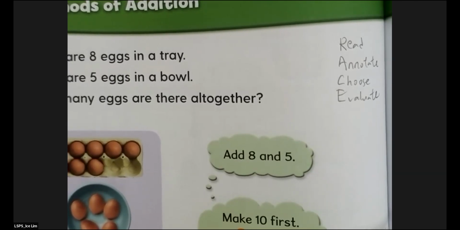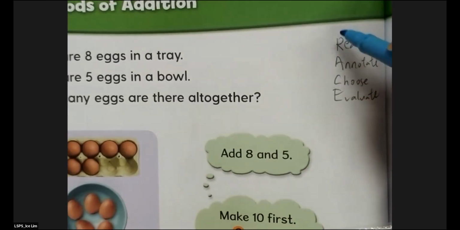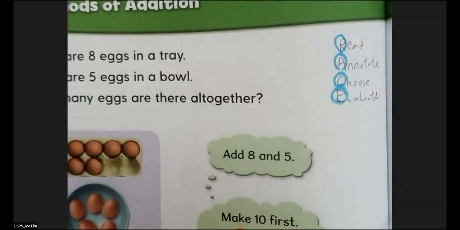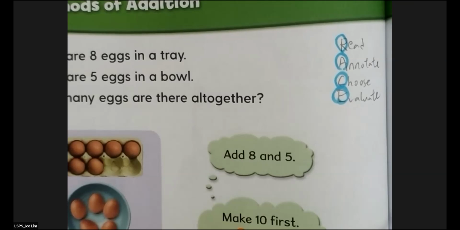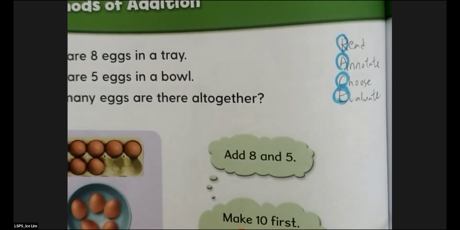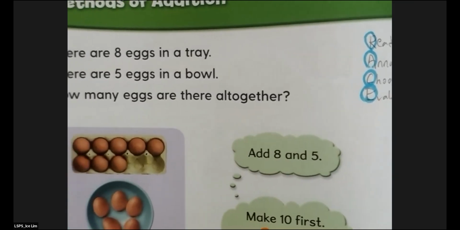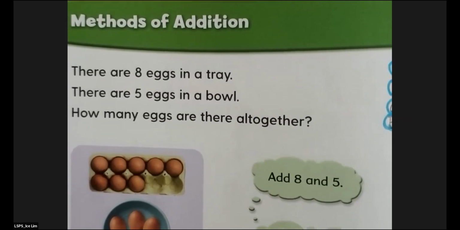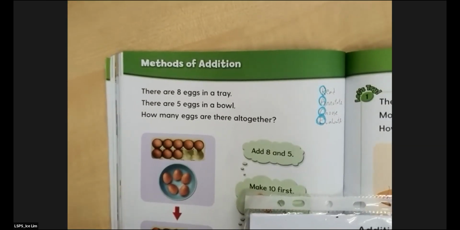Very soon I will share with you in a different lesson how we all can become racers. This strategy called RACE: read, annotate, choose, and evaluate. For our class, since the start of the year, we have been practicing using RACE.